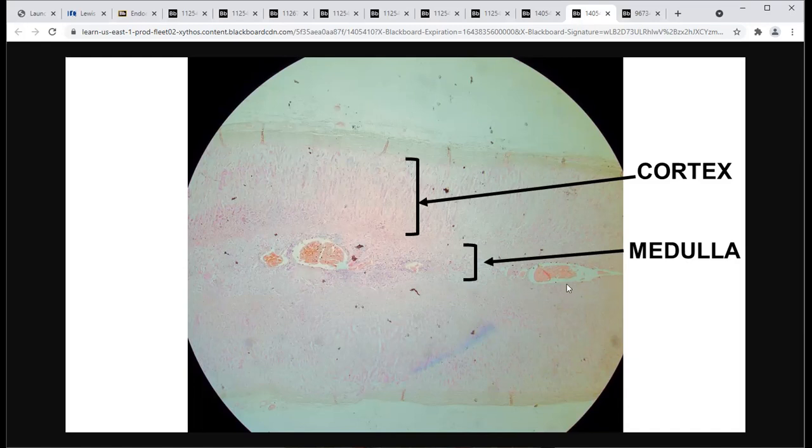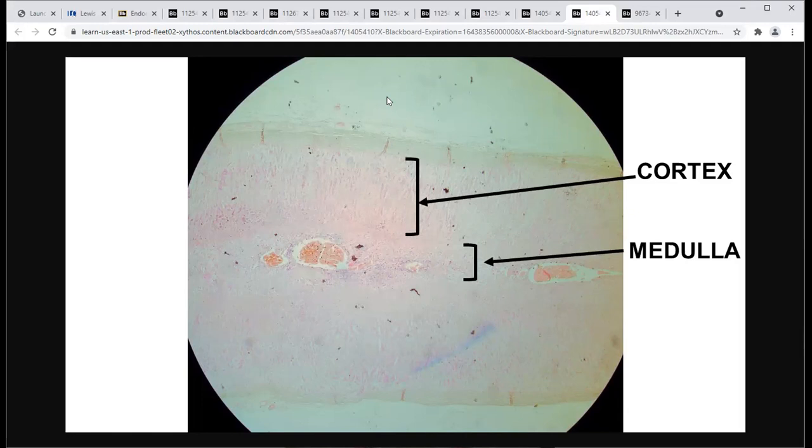So epinephrine, norepinephrine production comes from here. It's bracketed right here. Between these blood vessels at the center strip and the outside of the adrenal gland, this little thicker region is the cortex, and that is where all those steroid hormones are produced.